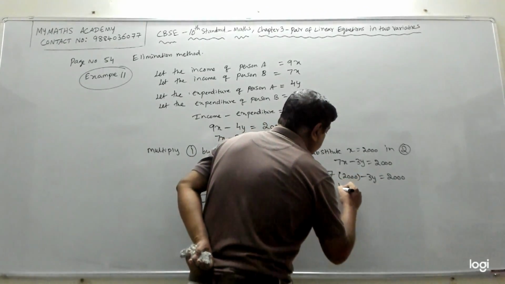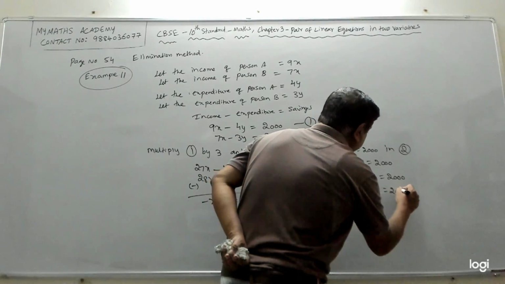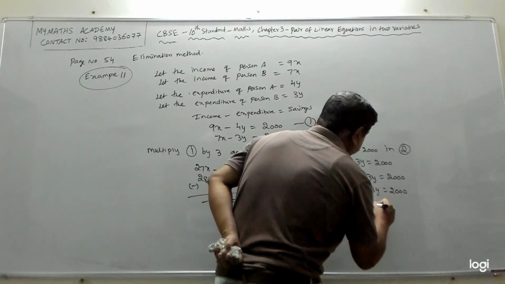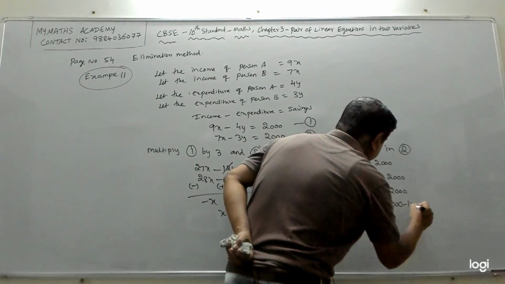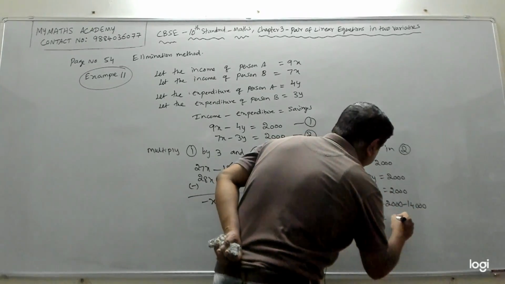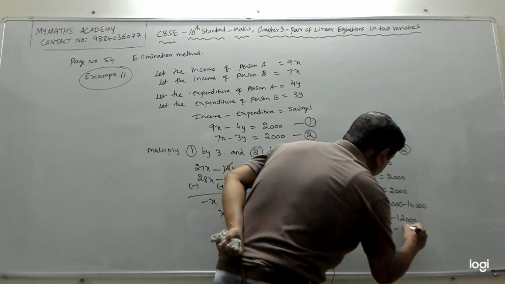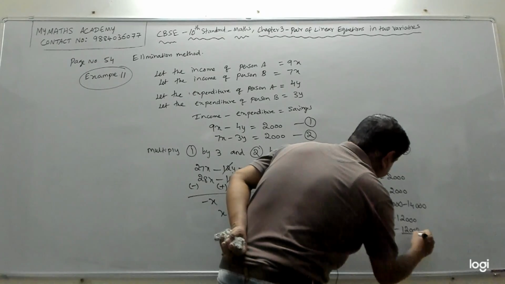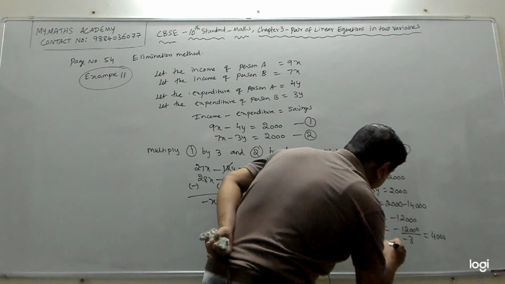So 7 into 2000 is 14,000 minus 3y equal to 2000. So minus 3y is equal to 2000 minus 14,000, which gives you minus 3y becomes minus 12,000. So my y becomes minus 12,000 by minus 3, which is 4,000. So my y is 4,000.